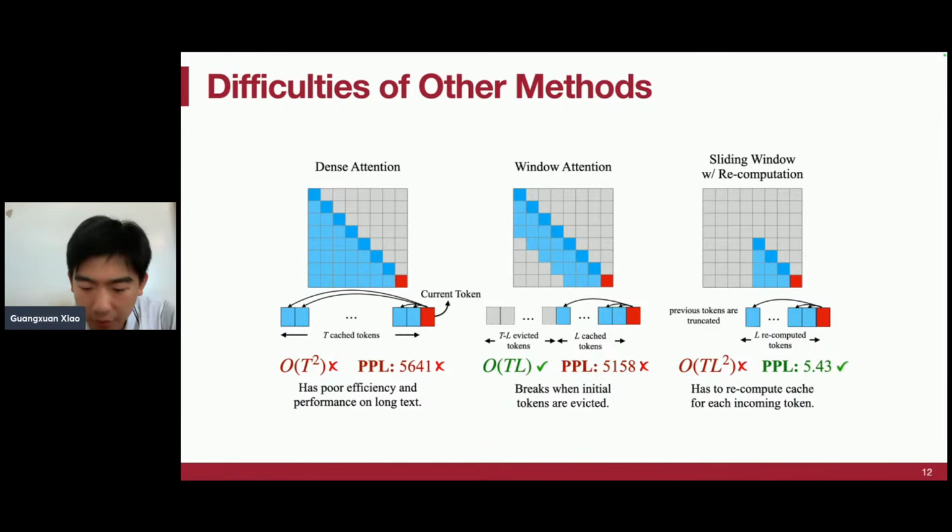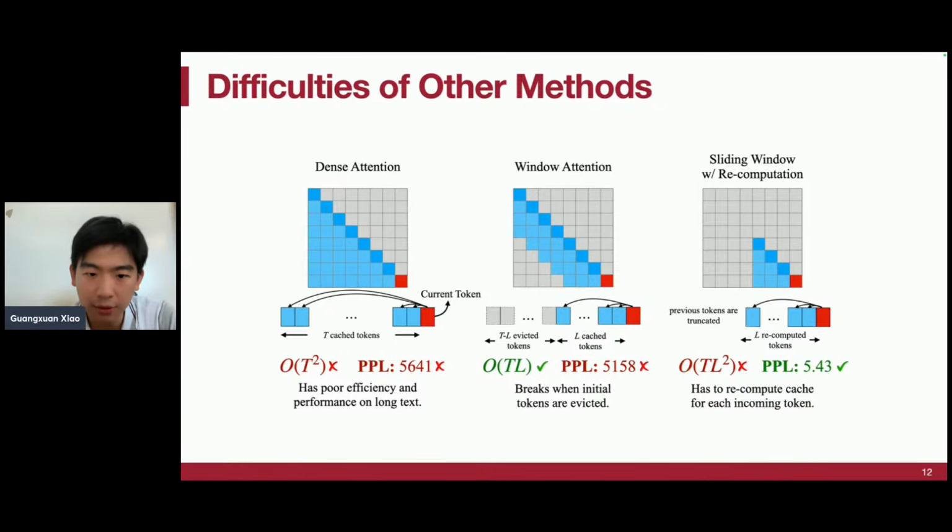And there's another approach, which is like an Oracle baseline. We call it sliding window with recomputation. The overall idea is that we don't use the KV cache. We just recompute the most recent L tokens' representations when decoding a single token.